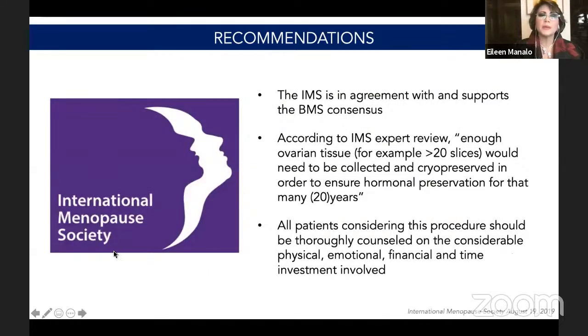The International Menopause Society also came up with their response. They were in agreement with and supported the British Menopause Society consensus, and accordingly, you would need more than 20 slices of ovarian tissue to collect and cryopreserve in order to ensure hormonal preservation for that many years, 20 years. And all patients considering this procedure should be thoroughly counseled on the considerable physical, emotional, financial, and time investment involved.